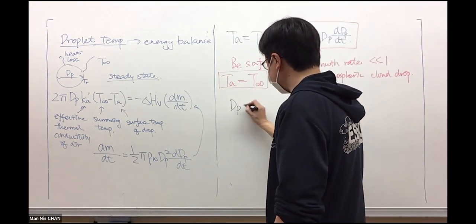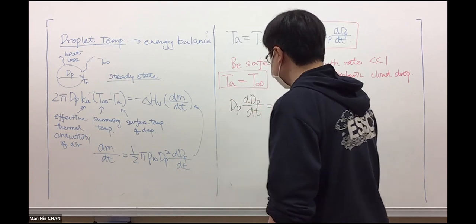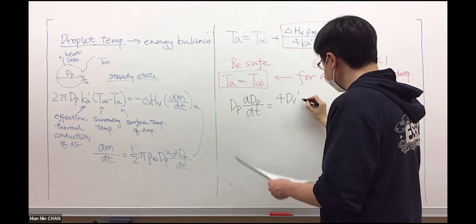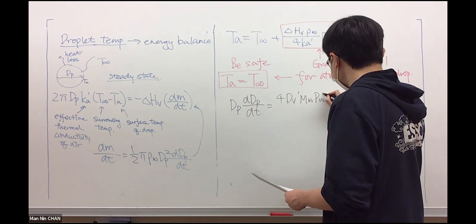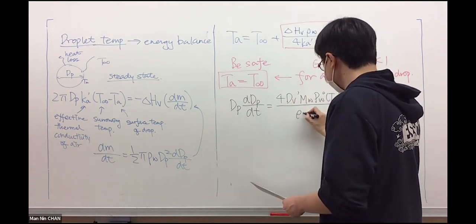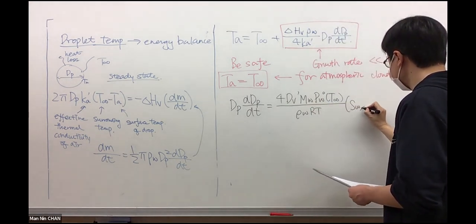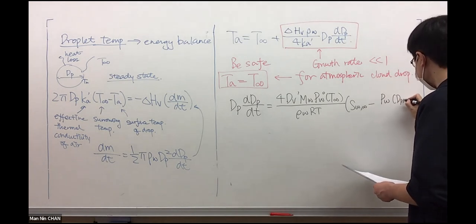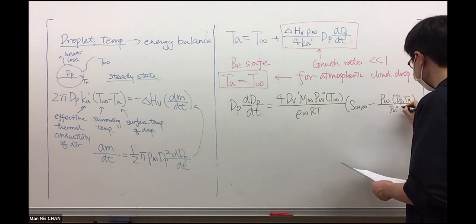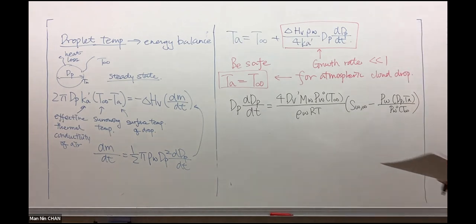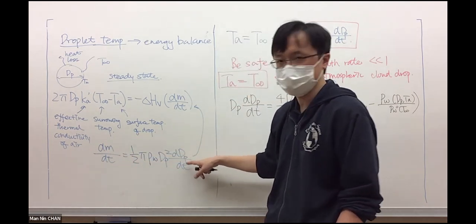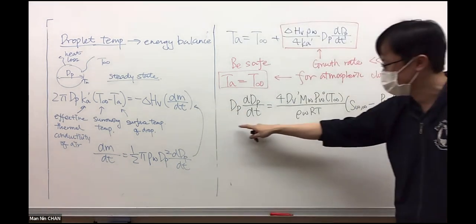So what you try to look at is, if you combine the energy equation with your mass balance equation, you will have this. You couple the change in particle size as a function of time to your mass balance equation, and you come up with this equation.